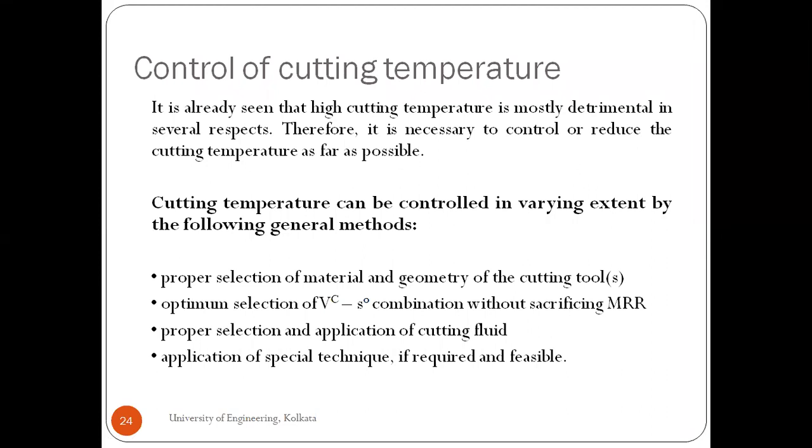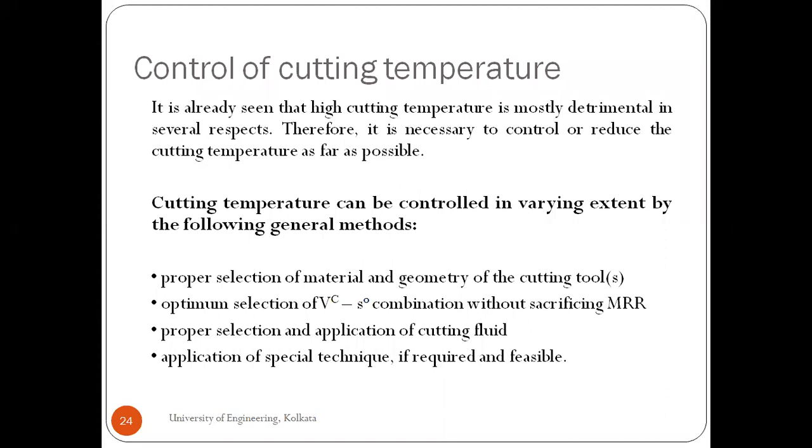Like in a few cases some special techniques are used, as in some softening of the material before the machining is done. Like the process of hot machining, which has already been discussed previously, that in case of machining hard materials, we use heat to soften the material, and then it becomes easy for machining.